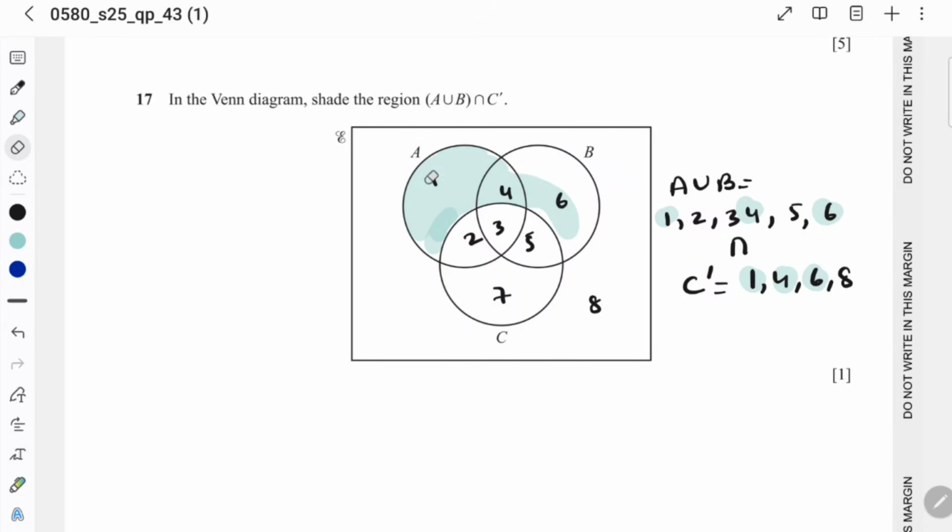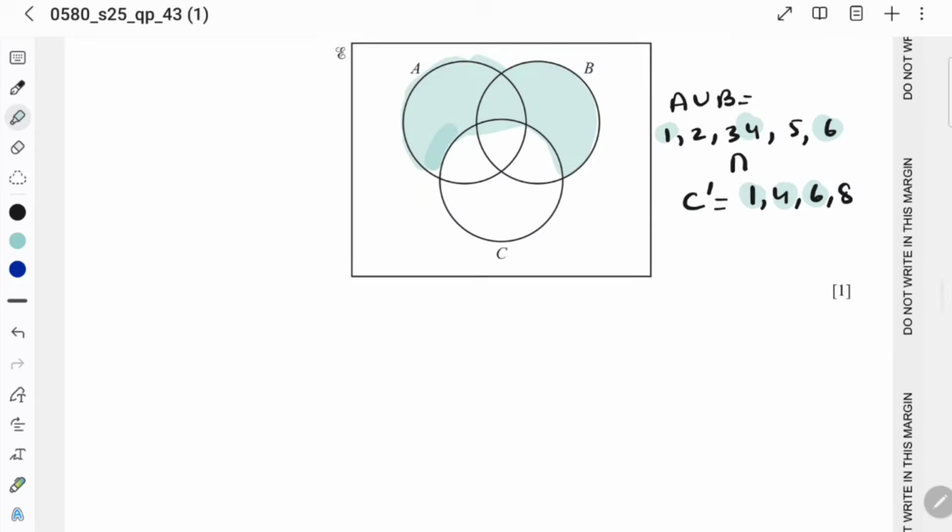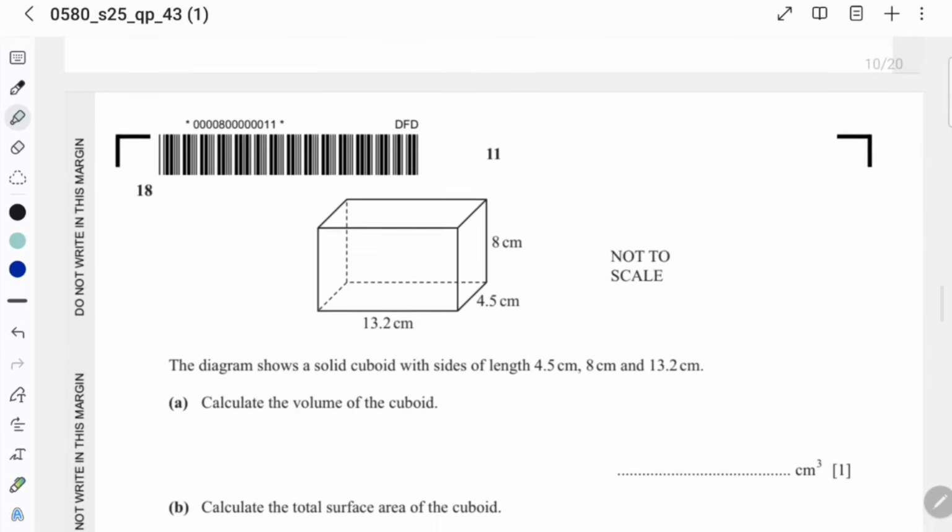Just wait, I just erased the 1, 4 and 6. It was there. Alright, go to the next part. It was just a 1 mark question.